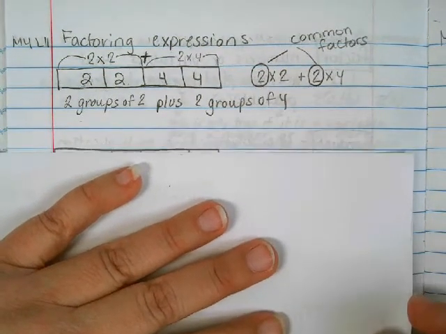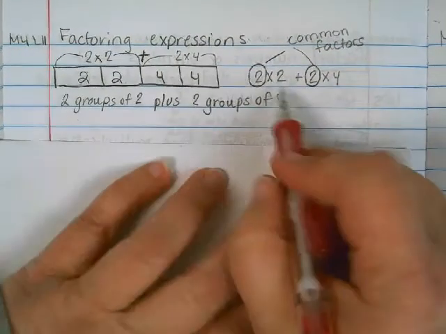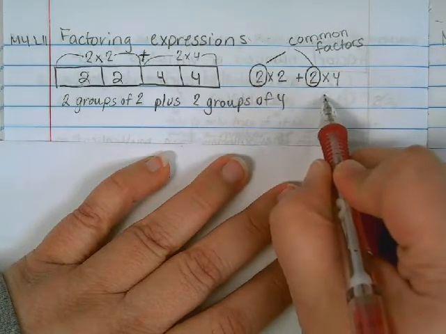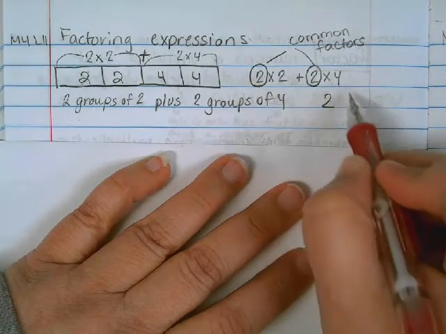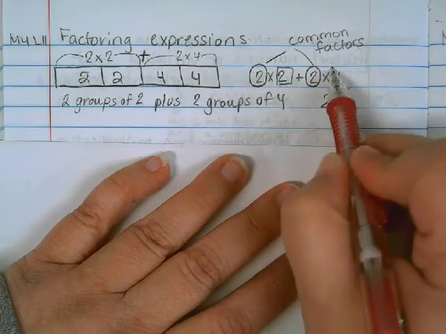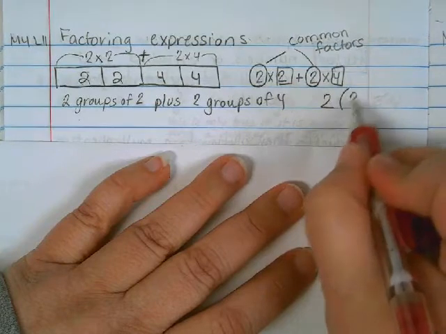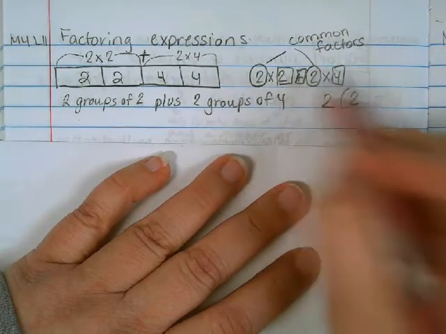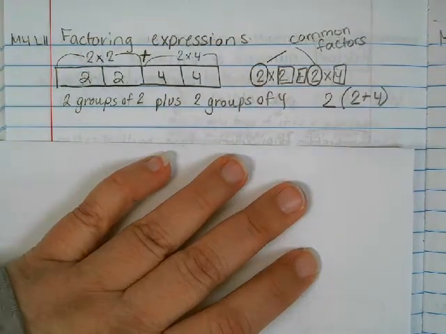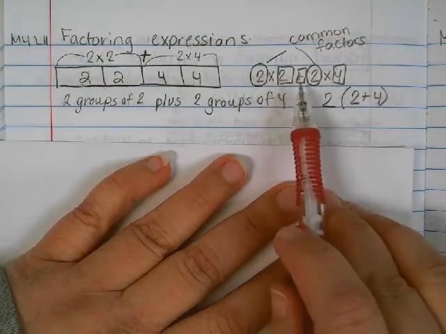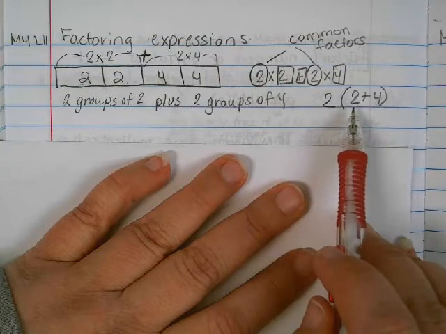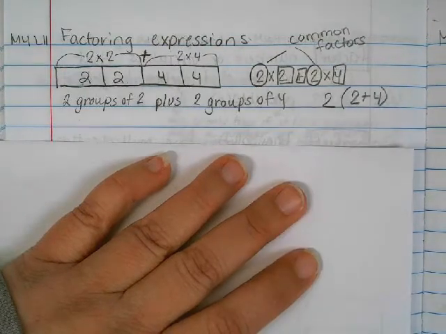And so what I can do is simplify this expression by writing out those common factors first, and then the 2 that are left would go in parentheses with the operation that I haven't used. So 2 times 2 plus 2 times 4 can be simplified as 2 times the sum of 2 and 4.